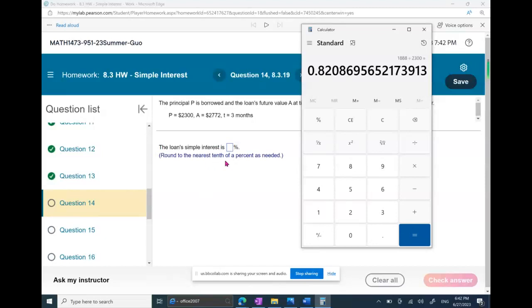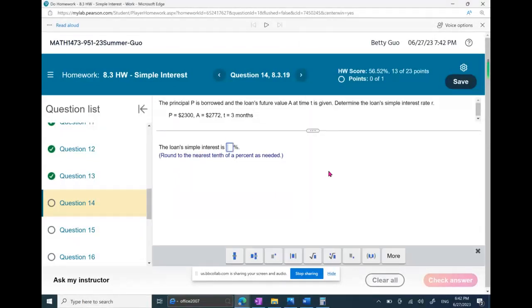We're going to round to the nearest tenth of a percent as needed. We keep those digits because we move the decimal point two places to the right. We have 82.08, and 8 is bigger than 5, so round it up. 82.1.